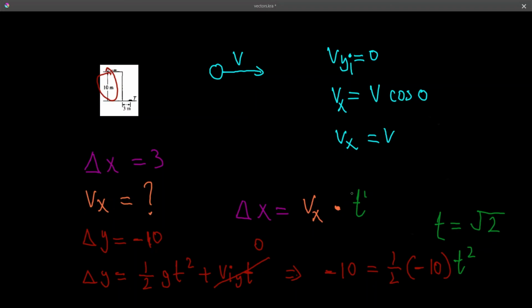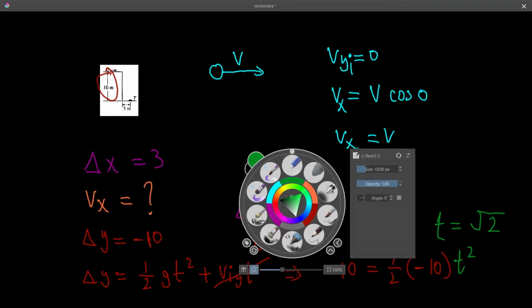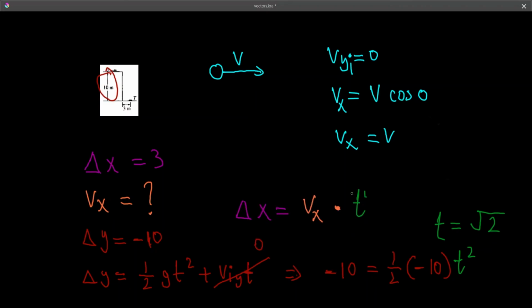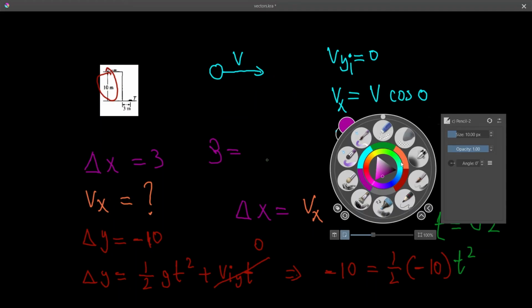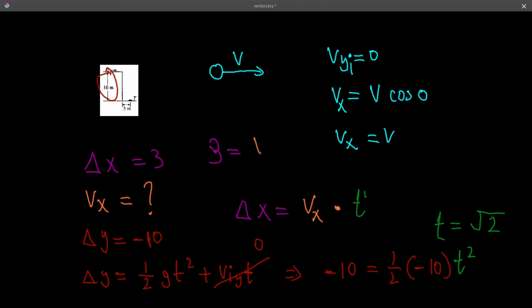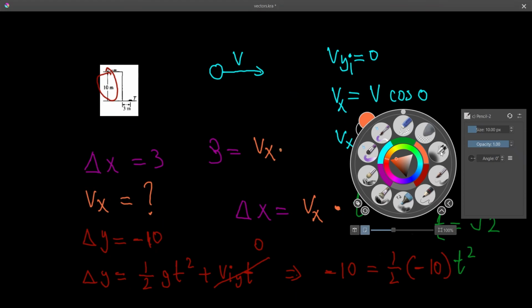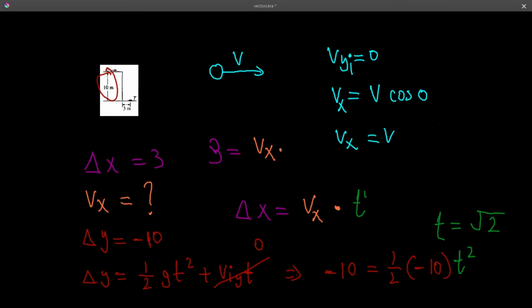Now all you have to do is plug this in here. So you get delta x, which is 3, is equal to Vx multiplied with radical 2.